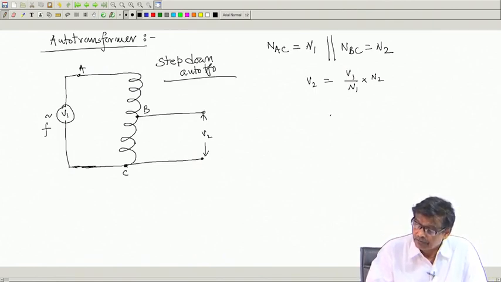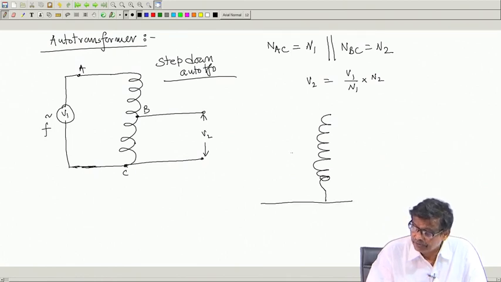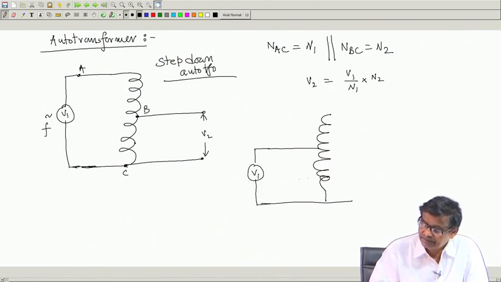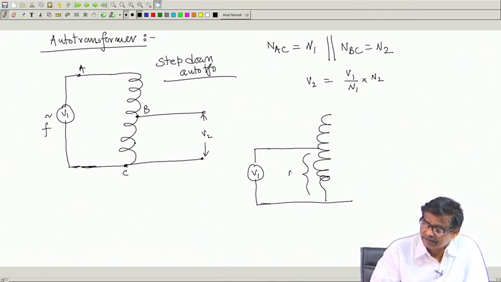Step up auto transformer will look like this. You give input voltage V 1 here, this you call your N 1.